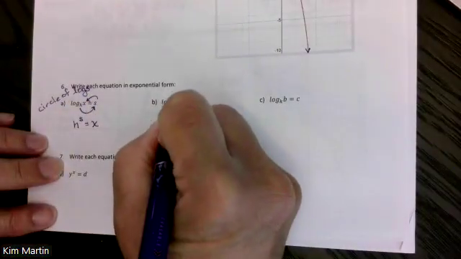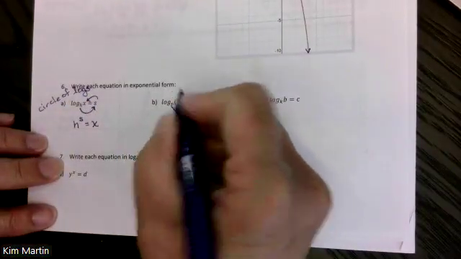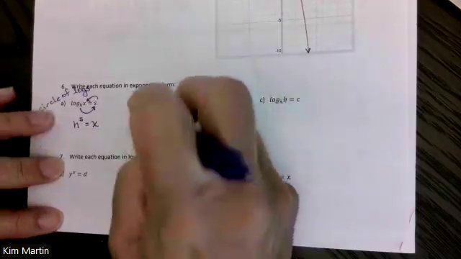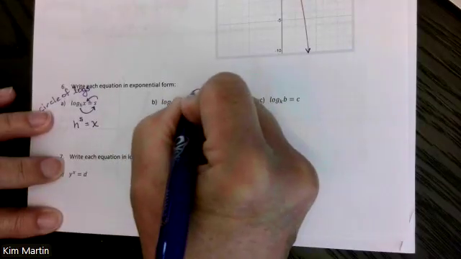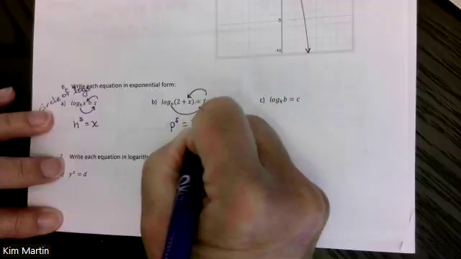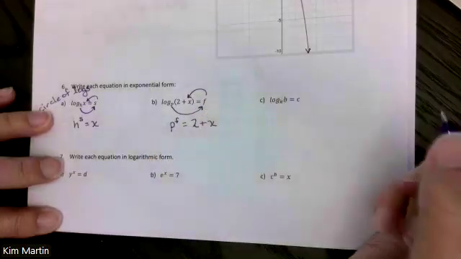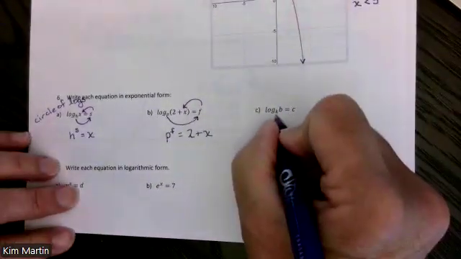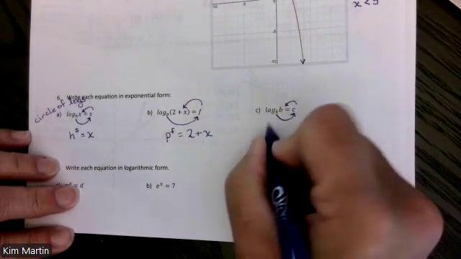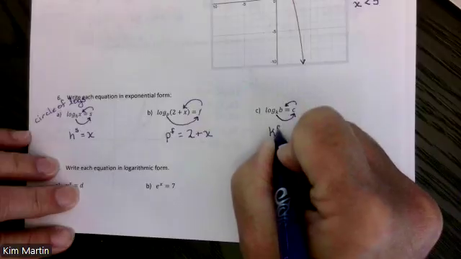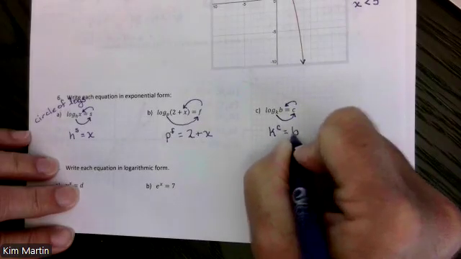Right here, this is our base and this is our exponent. So it's p to the f power equals our argument, 2 plus x. Right here, k to the c power equals b. Pretty easy, should not be difficult.